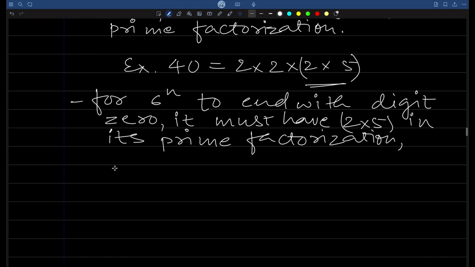If we do the prime factorization of 6 raised to n, the prime factorization of 6 is 2 into 3, so it is (2 into 3) raised to power n. We can give the powers separately, that is 2 raised to n into 3 raised to n.